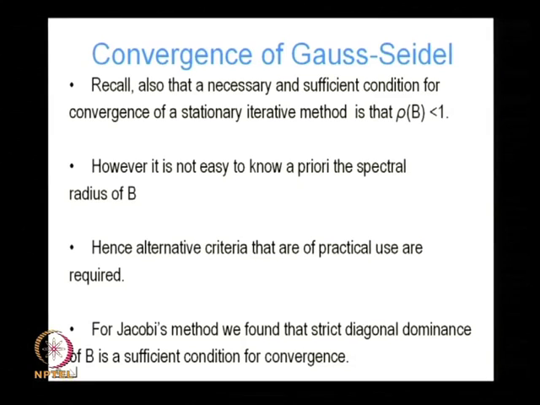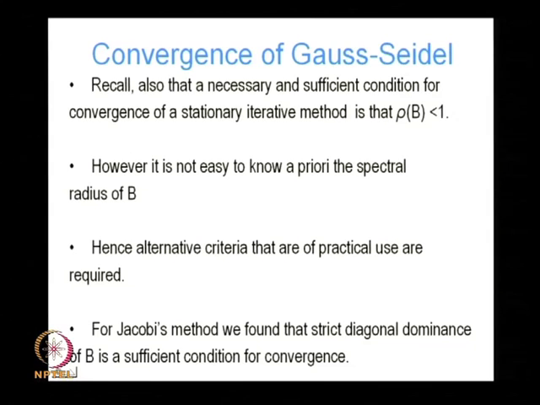Hence, we would like to come up with some alternative criteria that we can use to determine if our stationary iterative method is going to converge, a criterion which does not involve doing a spectral analysis and figuring out the eigenvalues of B. For Jacobi's method, we found that if the matrix A is diagonally dominant, that is a sufficient condition for convergence.